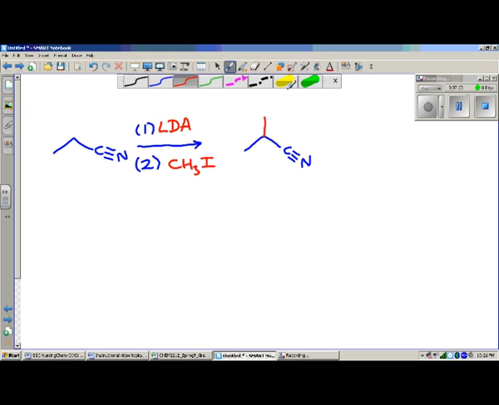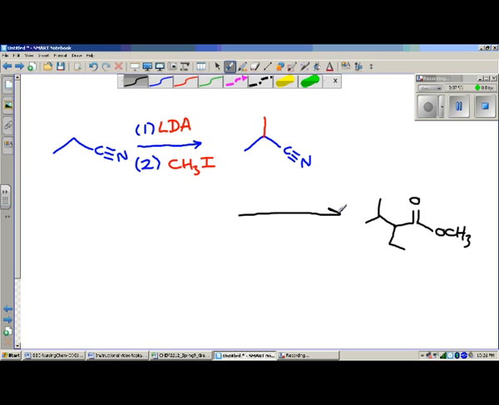So, let's see then if we can use this reaction to make this product. I'm just going to draw a product out, and I'm going to ask you guys, this is the kind of question that's given in the book, can you use an alkylation reaction to make a product such as this?